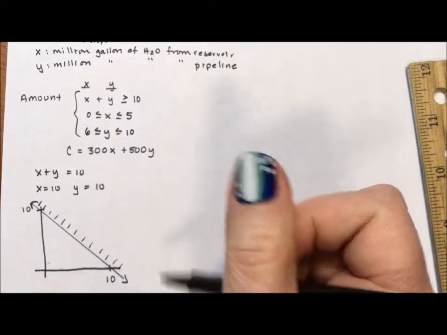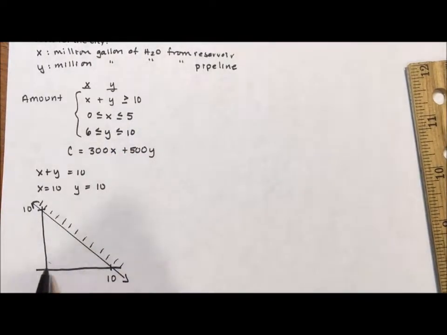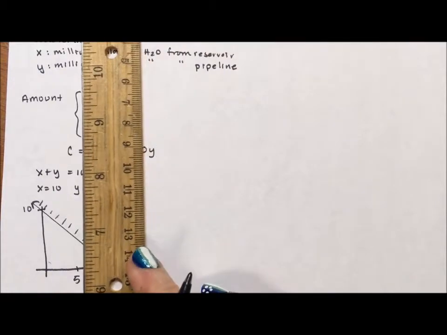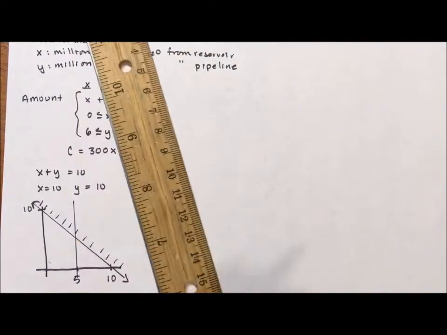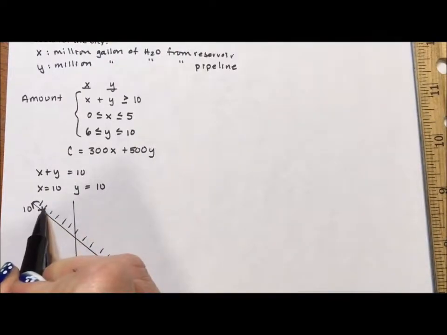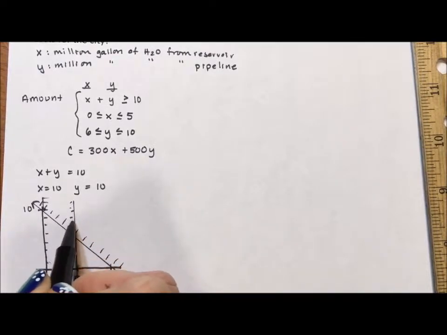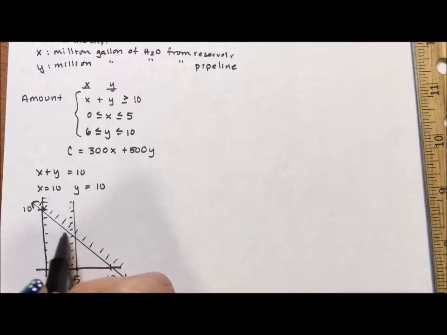Okay, next, X has to be 0 to 5, which means here's my 0 line, here's my 5. If I put a vertical line at 5, X has to be greater than 0 and less than 5. So now we have this kind of funky position up here.